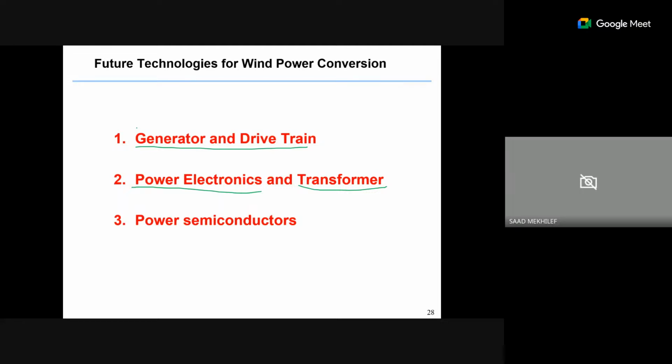From the electrical part, we are more interested in the generator, the drivetrain, power electronics, and the transformer, and then the grid. Then we will look into the semiconductors, because semiconductors play an important role in these systems.